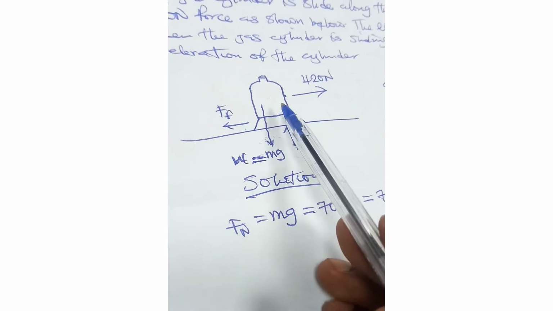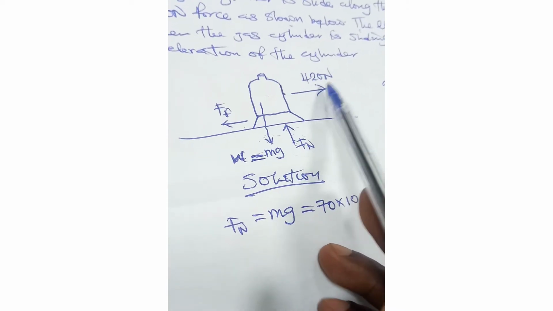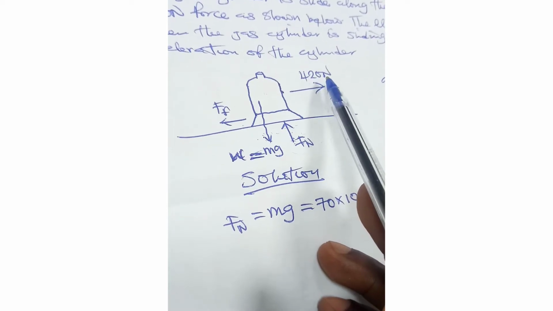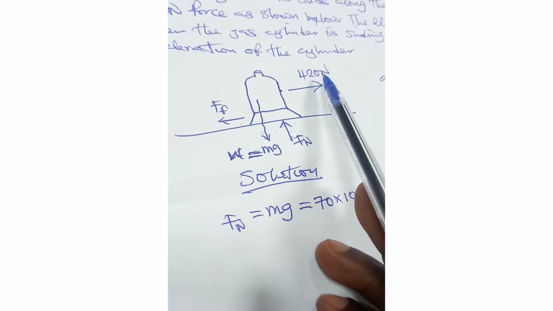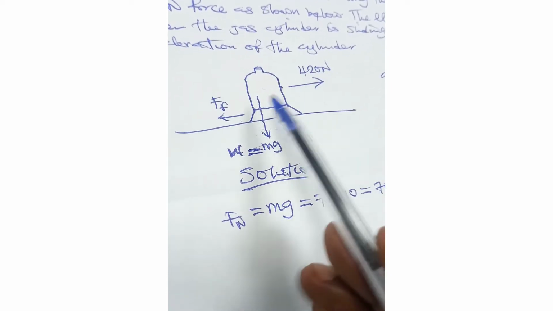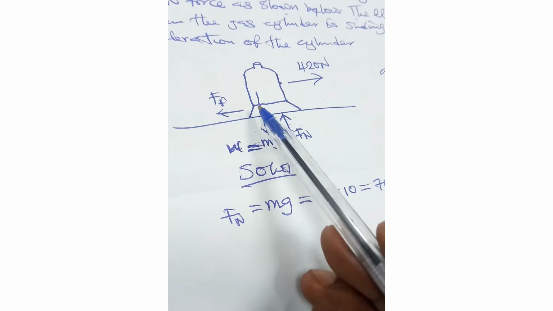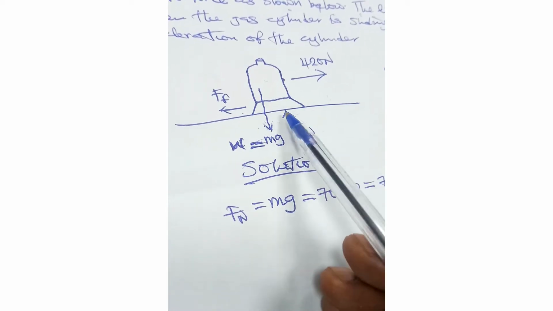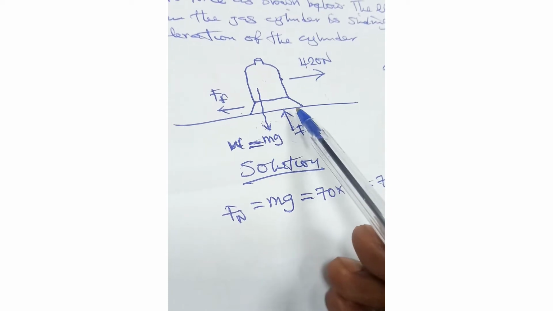Before the object could start sliding, this force must be applied. And as much as the force of 420 Newton is applied, remember, there must be friction that will exist between the surface and the floor.